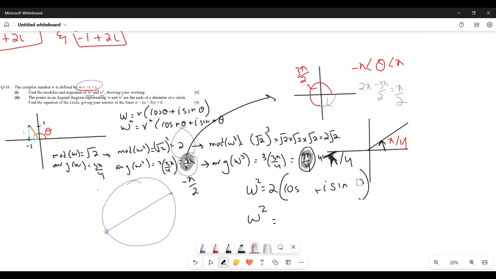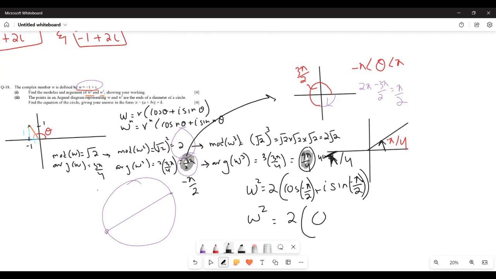But on modulus and argument, marks get cut quite a lot if I hadn't converted that angle to between pi and minus pi. So for w square, the modulus is 2, and the argument is minus pi by 2. Then cos minus pi by 2, which is 0.